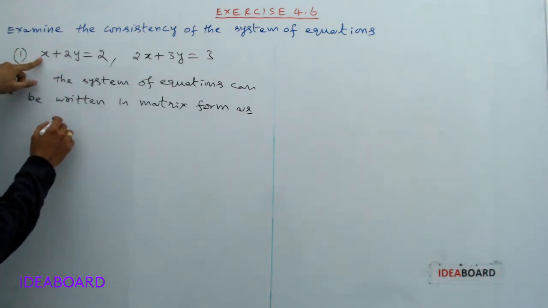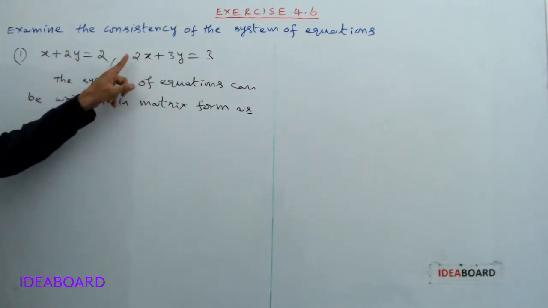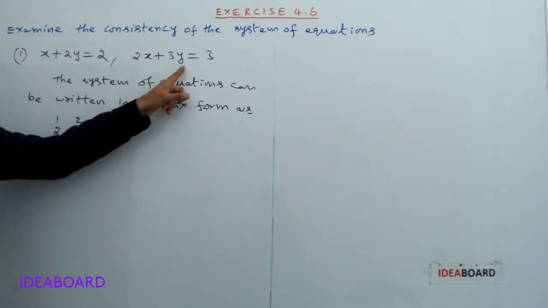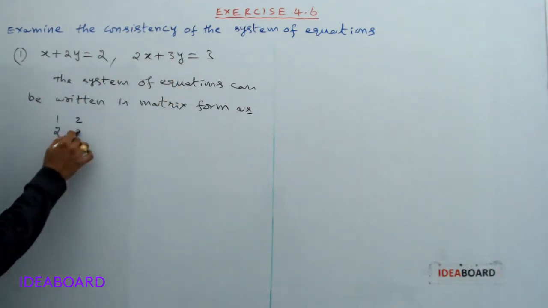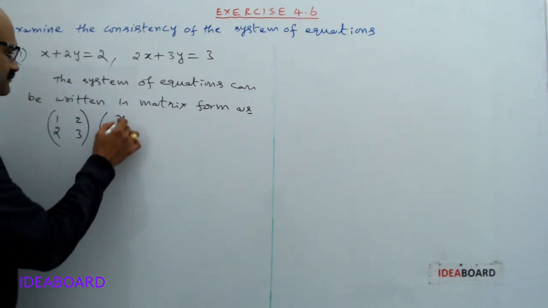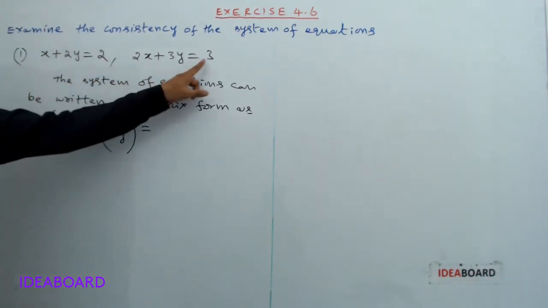Here we have 1, 2, and the coefficient of x is 2, the coefficient of y is 3. This is the coefficient matrix, into X Y, equal to 2, 3.